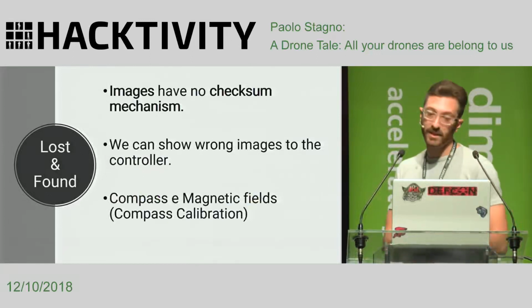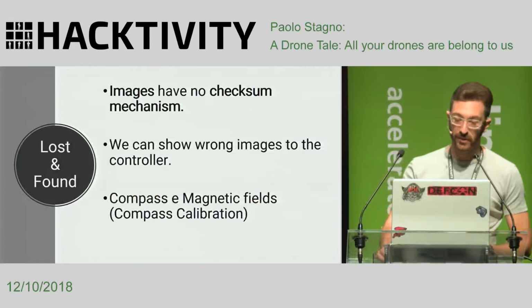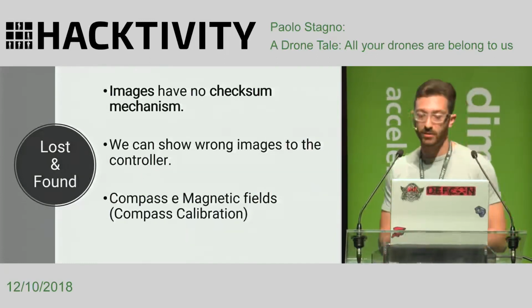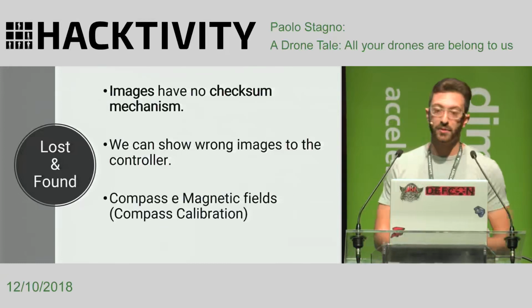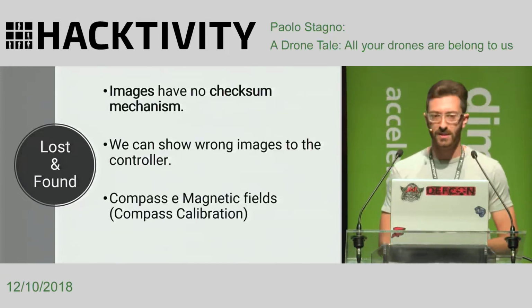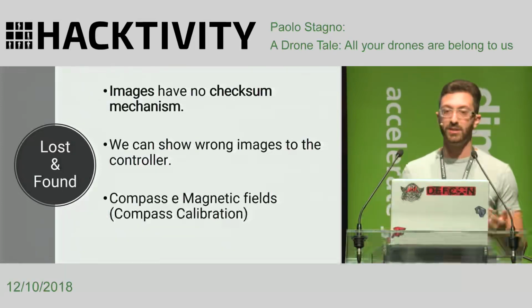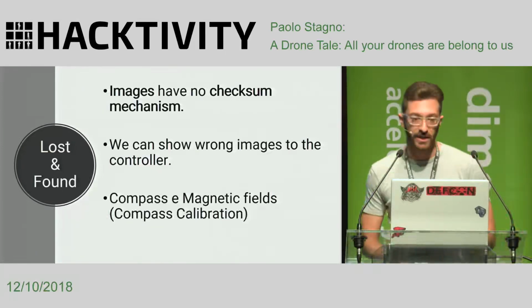Okay, some minor things that I have not previously said. The video feedback on the drone has no type of checksum, so we can potentially spoof the video feedback and show any type of image on the operator screen.